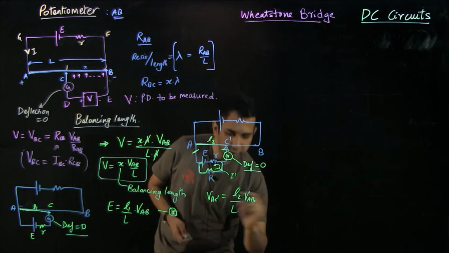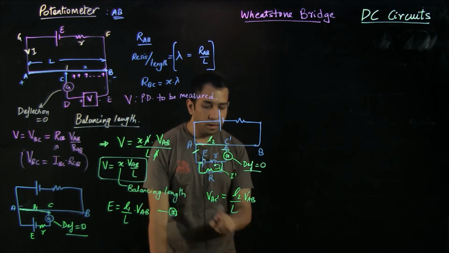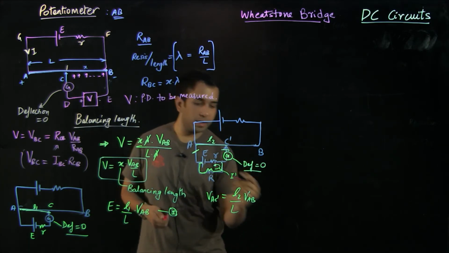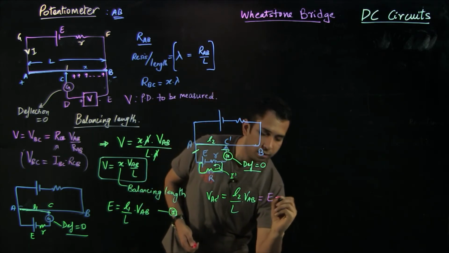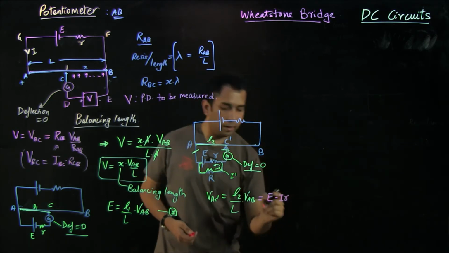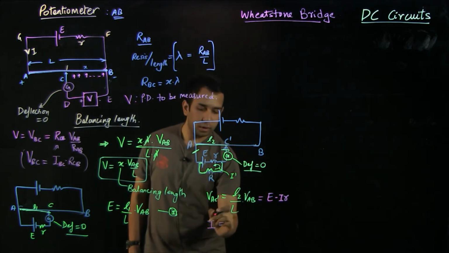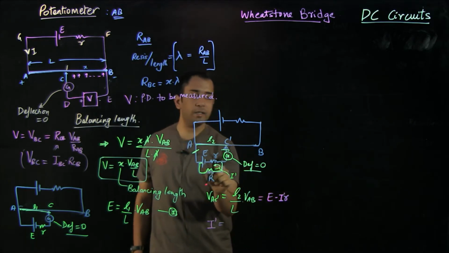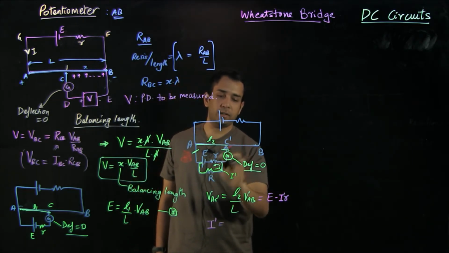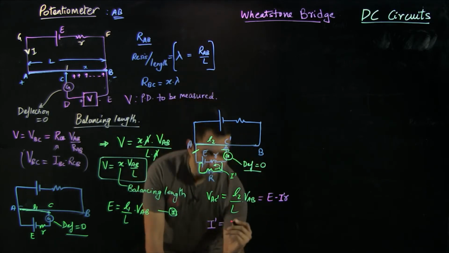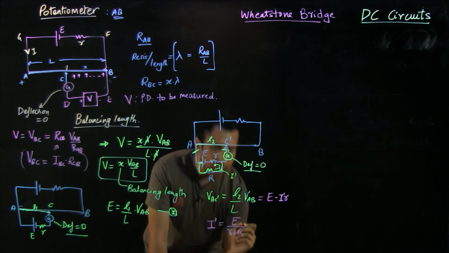So what we have is that V_AC' is equal to L2 into V_AB by L, but now V_AC' is E minus IR. And this I, because only I' is flowing in this circuit, in the situation in which the deflection of the galvanometer is 0, this I can be found out by E divided by R plus r.